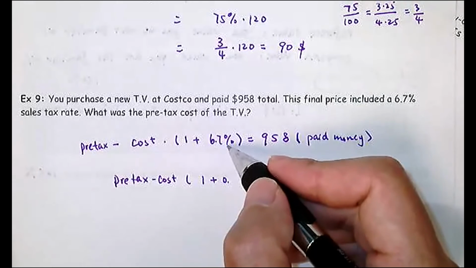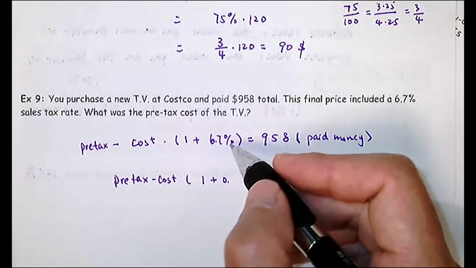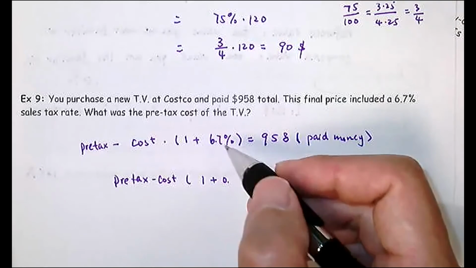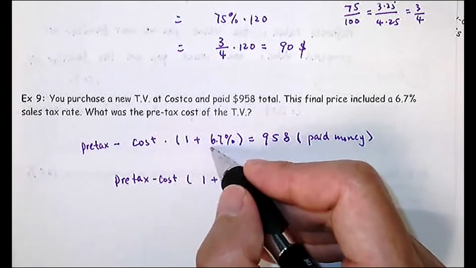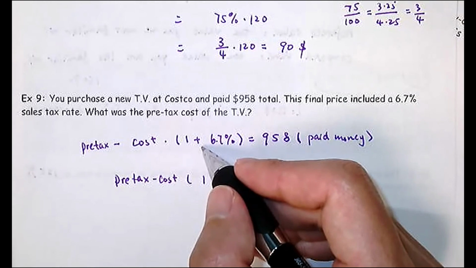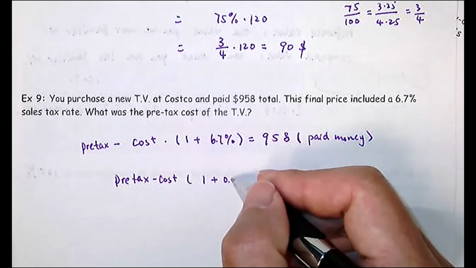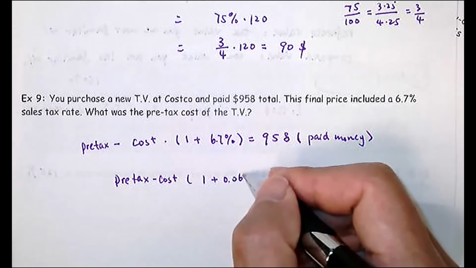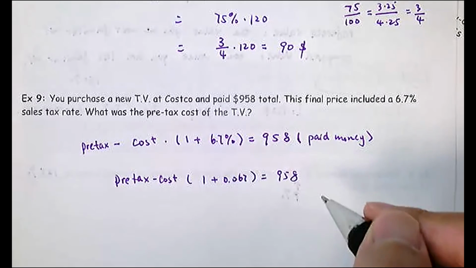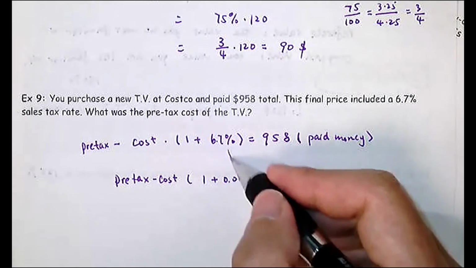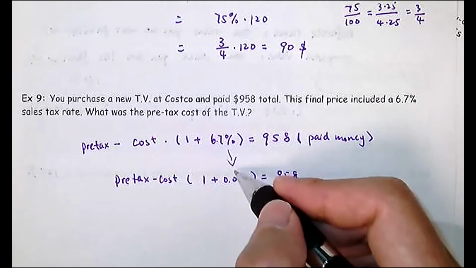Okay, 6.7 percentage. Remember, a percentage is 1 over 100. So you should move this decimal place 2 units to the left. So 0.067. Do you guys have any question how I get it from here to here?